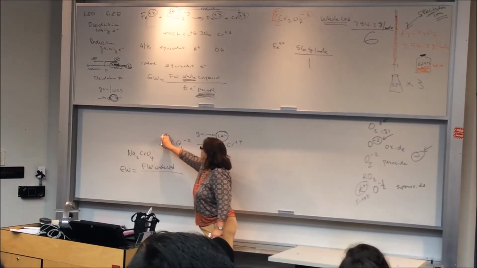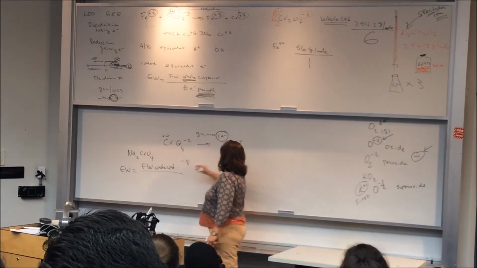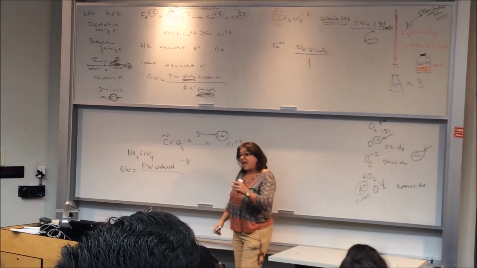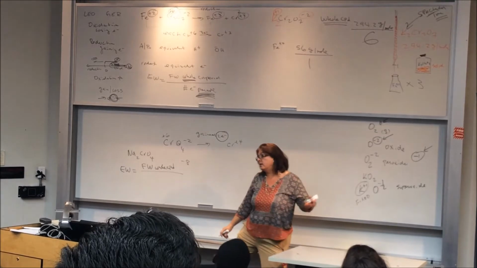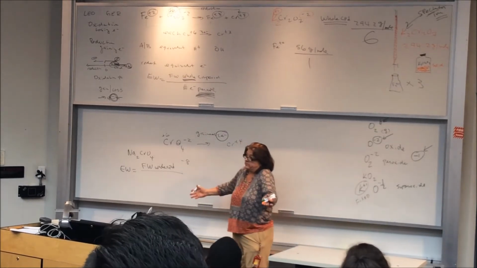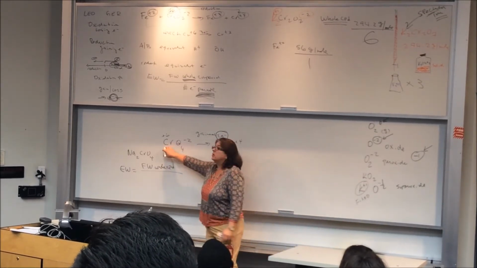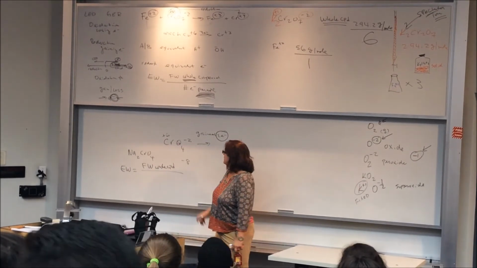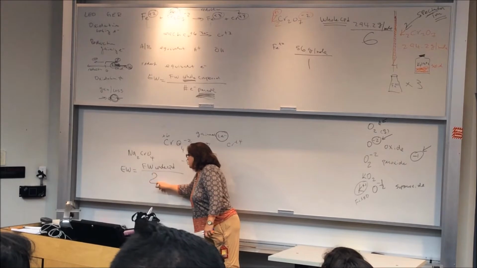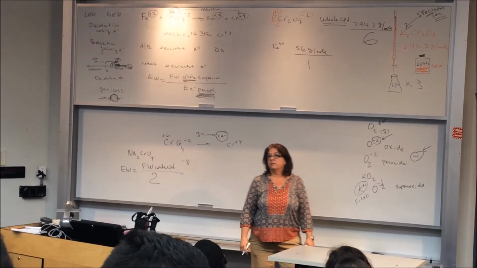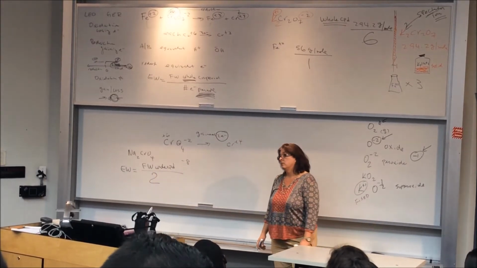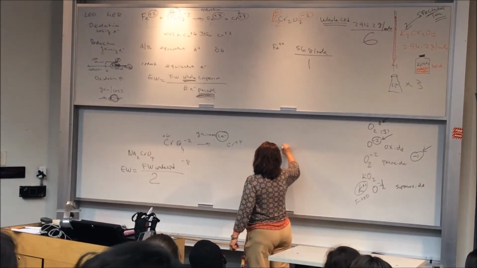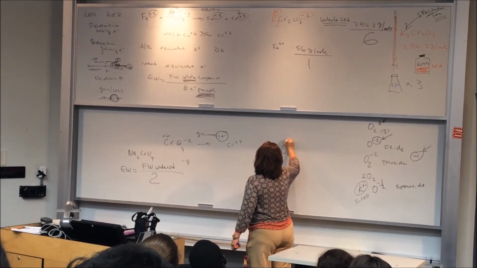Each chromium went from +6 to +4, so he had to have gained 2 electrons per chromium. And how many chromiums are in this chromate? Only 1. So, only 2, for the same exact reason.